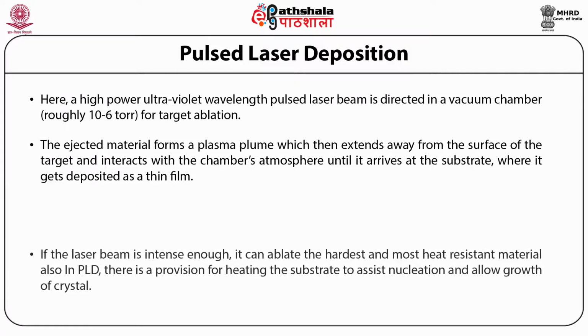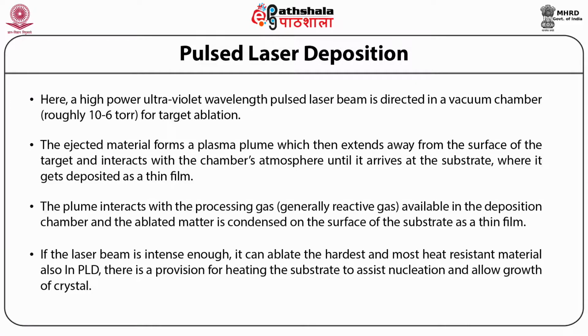So, a laser beam of sufficient energy is focused on a target. The target material goes into the vapor state directly without melting. The vaporized species in front of the target are seen as a glowing plasma called the plume.